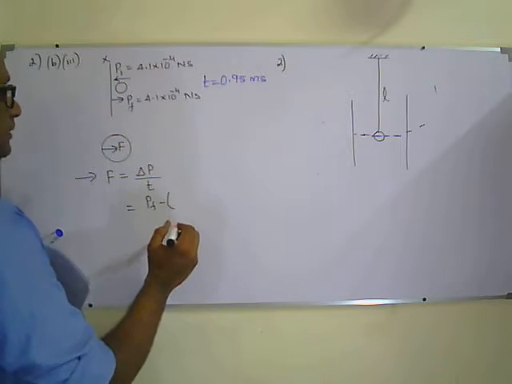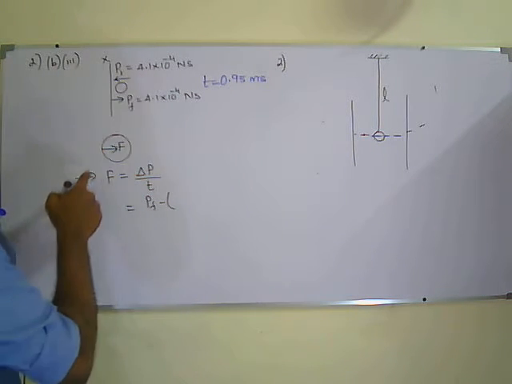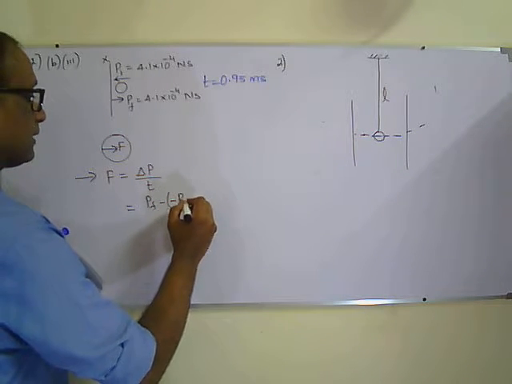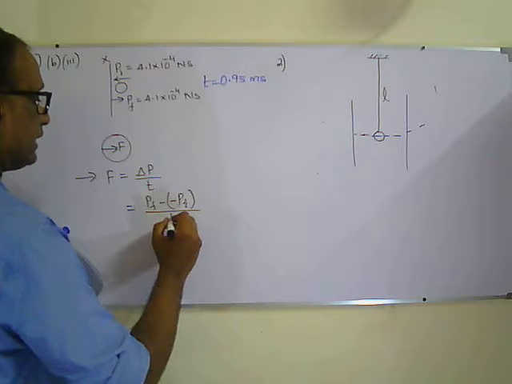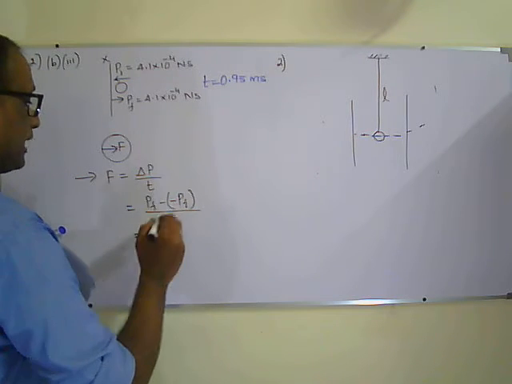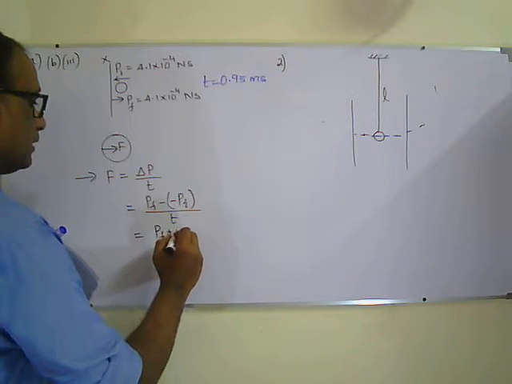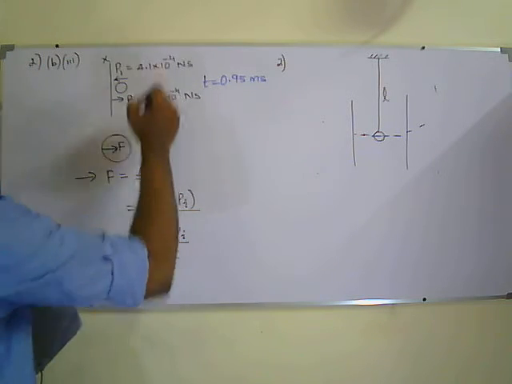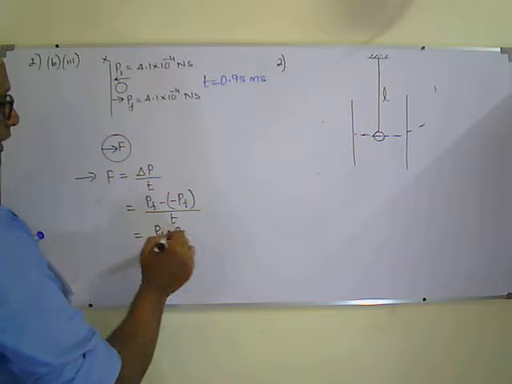The initial momentum is towards left, opposite to the sign I took as positive, so that should be minus PI, divided by time. So it's going to be PF plus PI over T. I know the PF and PI both have the same magnitude.